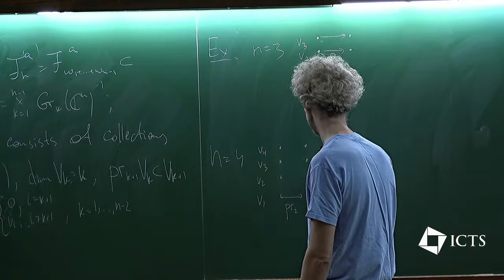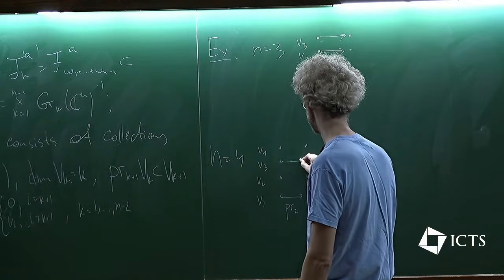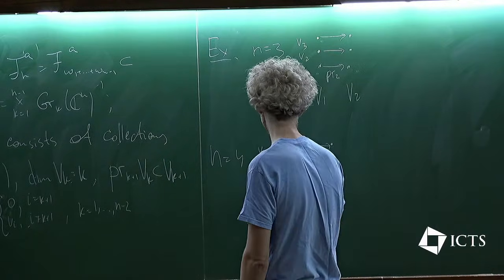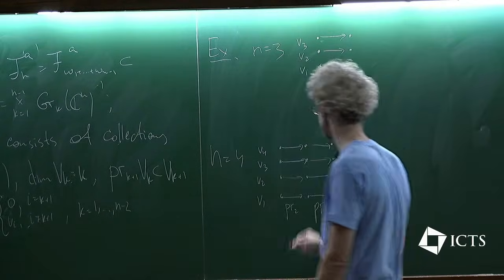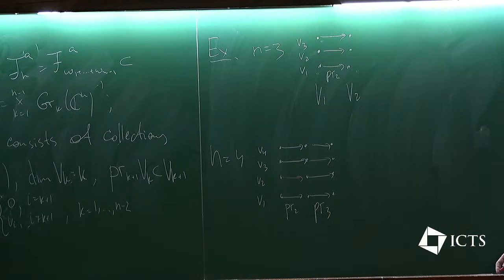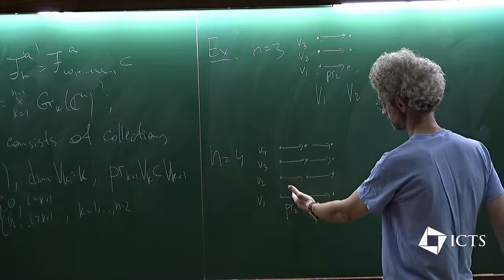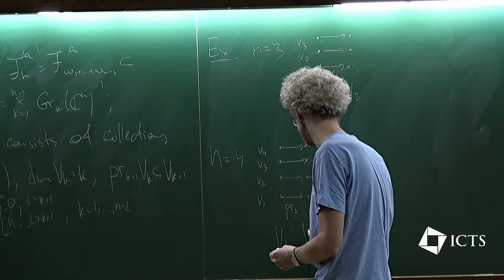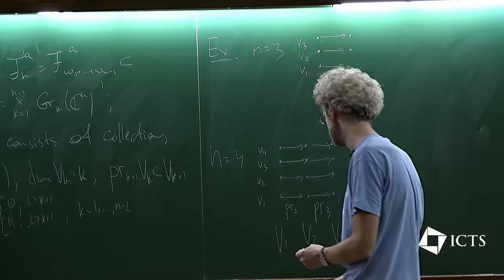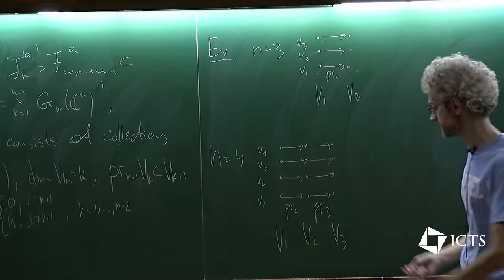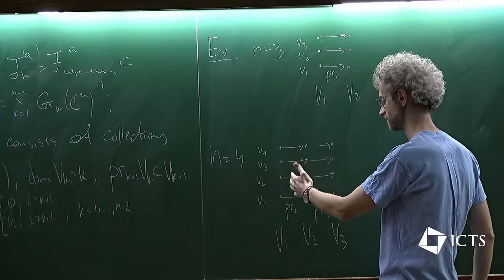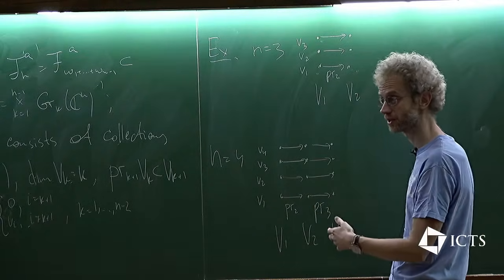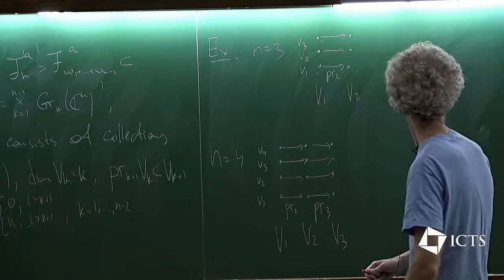Projection 2 sends V_2 to 0, here like this, and here like this. The difference between the classical and non-classical thing are those two lines. You see that I just pretend that V_1 sits in here, V_2 sits in here, and V_3 sits in here. So I take some one-dimensional space here, I map it using this pr_2 map, and then it should sit in V_2, and then it should sit in C^4, and this is the answer.